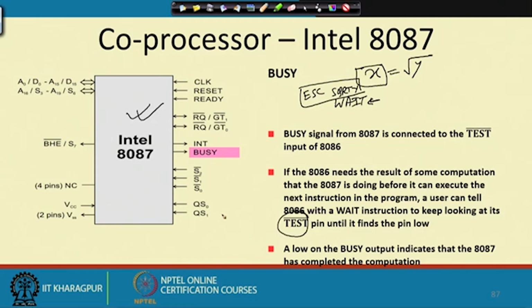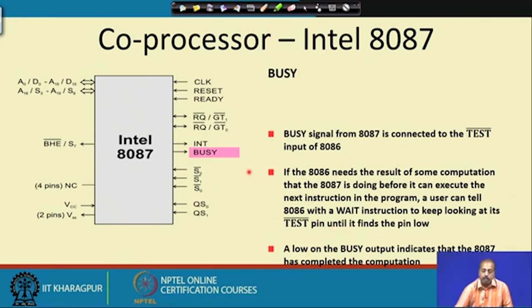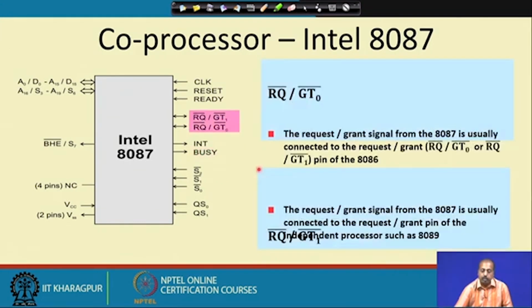When this busy signal becomes low, that means the 8087 has finished the square root computation, so the user program can continue with the next instruction. A low on the busy output indicates that the 8087 has completed the computation, so the 8086 can continue now.